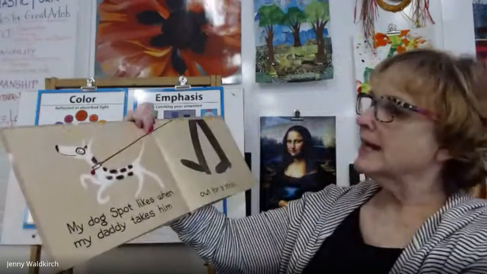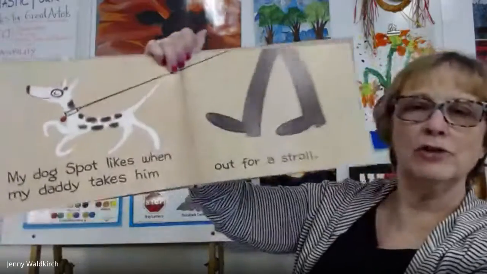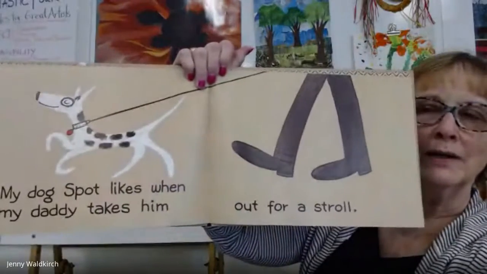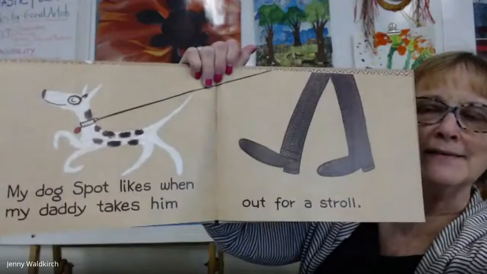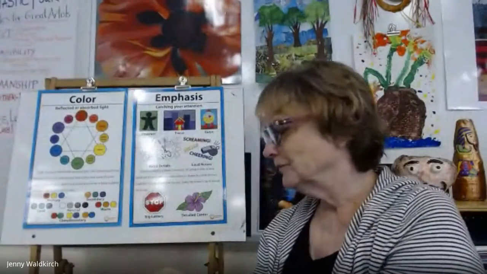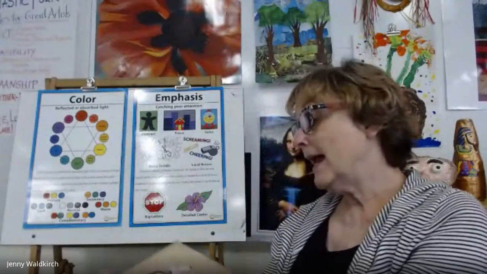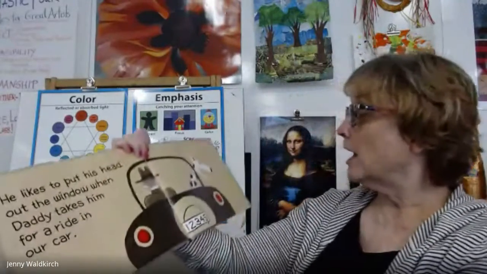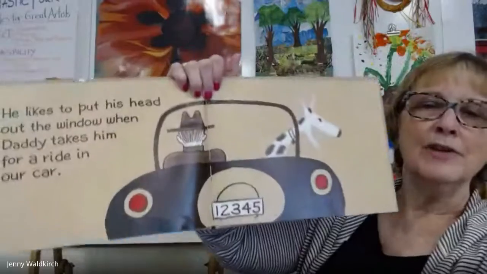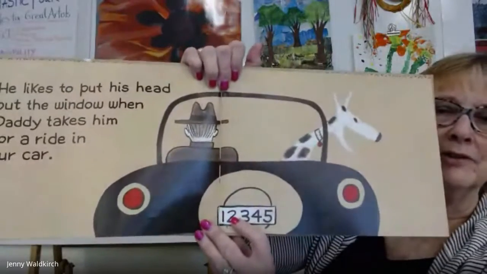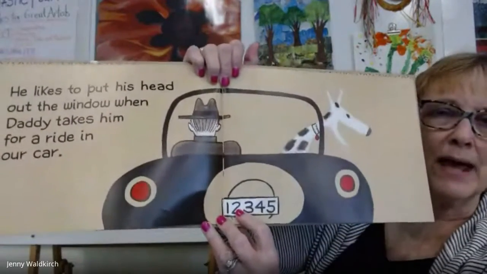My dog Spot likes when my daddy takes him out for a stroll. He's prancing. Look at his front paw. And he likes to put his head out the window when Daddy takes him for a ride in our car. And on this kind of illustration, you can see the red lights on the back of the car.